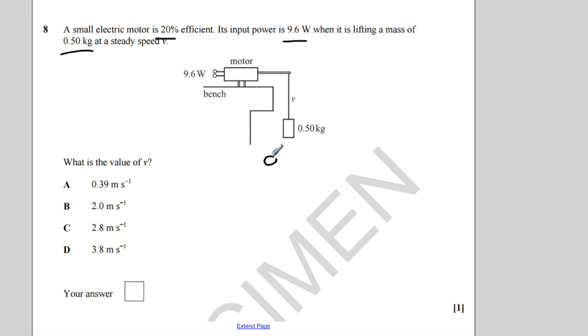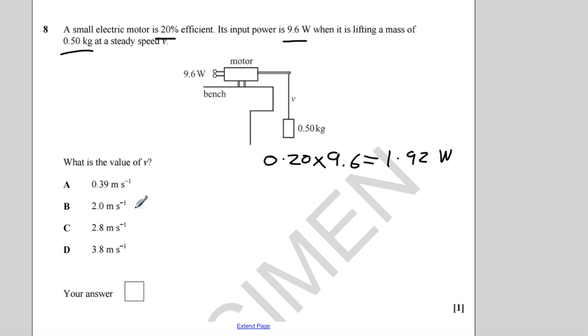So first thing that we need to do is find 20% of 9.6. And that gives us 1.92 watts. So this is the effective power of our motor.